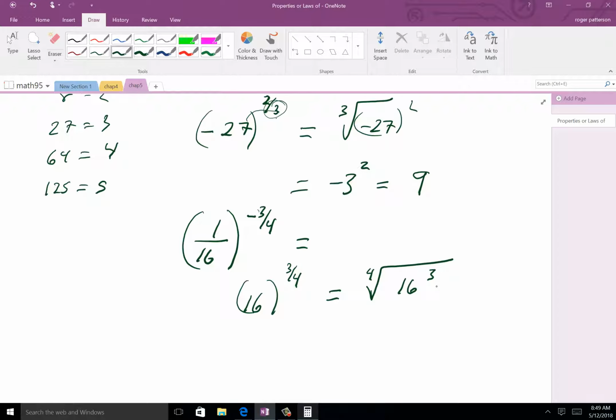But, dang, I can't use my calculator, so I'm going to do the 4th root of 16. Well, let's see, I wonder what that would be. What would be the 4th root of 16, do you think? 2, right, because 2 times 2 times 2 times 2. All right, see, so it's kind of nice to know some of those roots a little bit. Then we're going to take 2 to the 3rd, and that gives me 8.